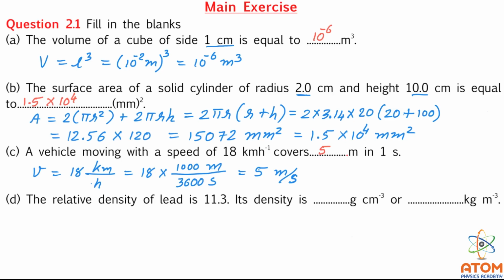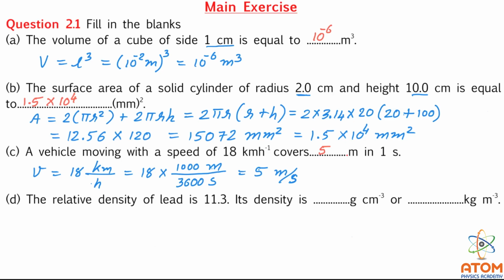Now the fourth question is: the relative density of lead is 11.3. See, relative density is equal to density of an object divided by density of water. Density of any object divided by density of water is the relative density of that object.